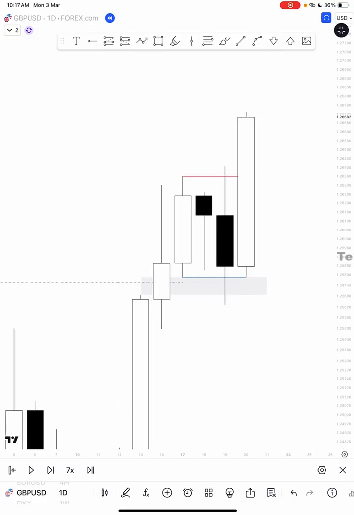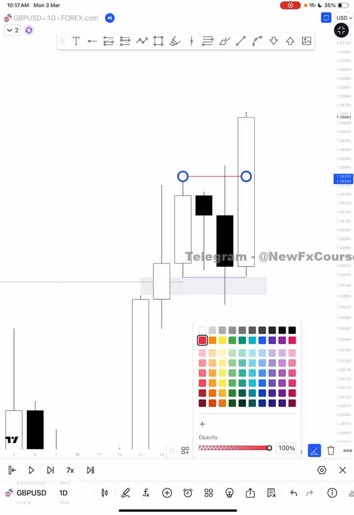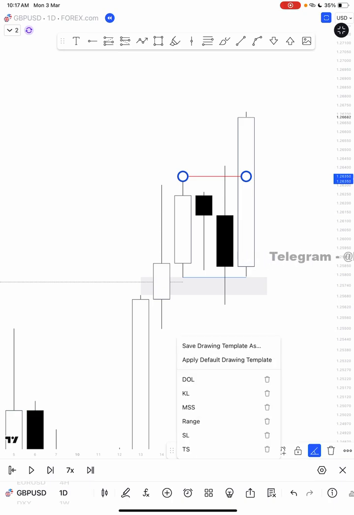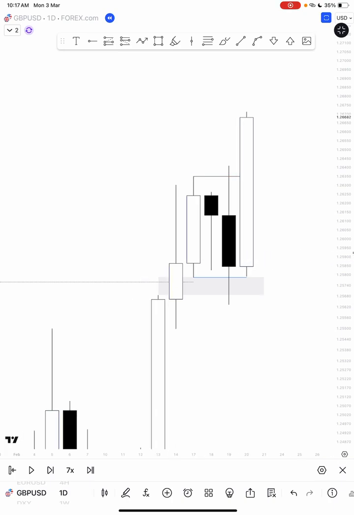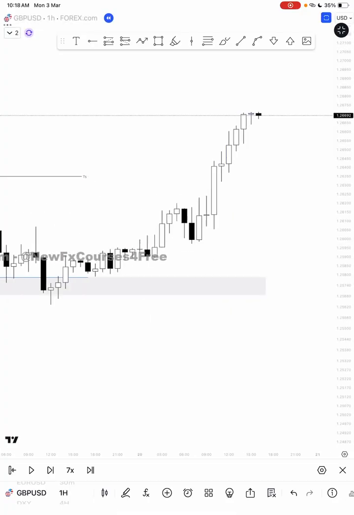So price rebalanced this imbalance on Wednesday, sweeping Monday's high first with this move, then targeting Monday's low. So let's go down to the lower time frame so you can see how it actually played through.